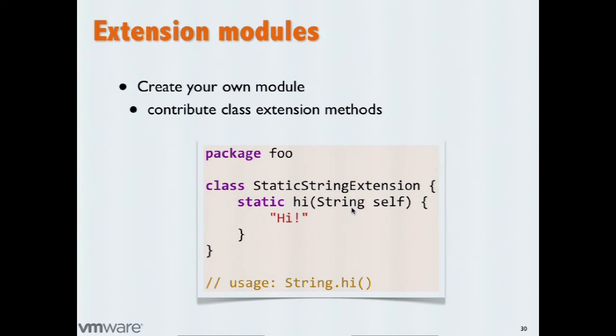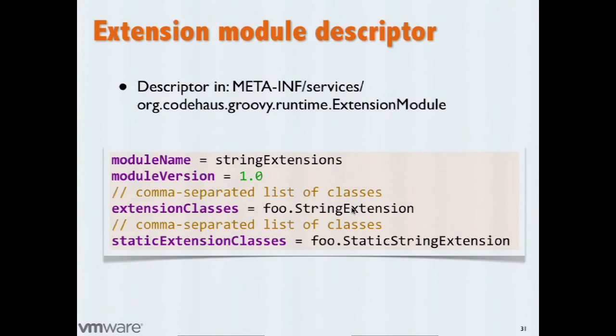So this is the same kind of structure for the extension modules. And you have to create a descriptor for your module with a name, a version, the various classes which provide instance methods, and a list of classes which provide static methods.